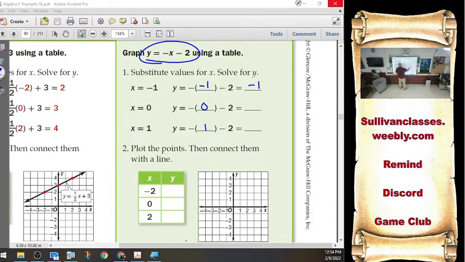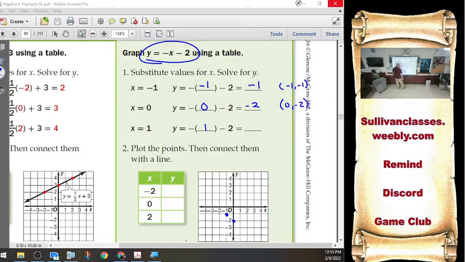Ta-da! So I can go make a point at -1, -1. Dot. Then at 0, -2. So I have a coordinate at 0, -2. No left or right, straight down.